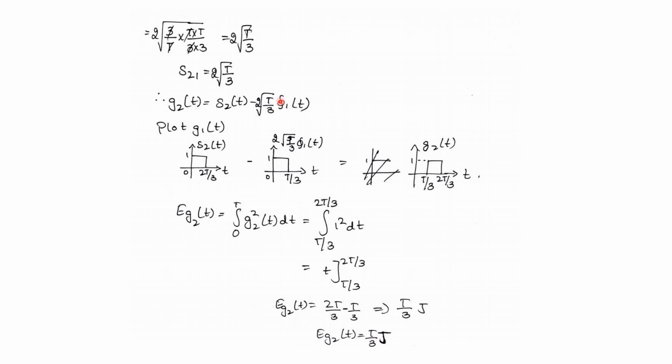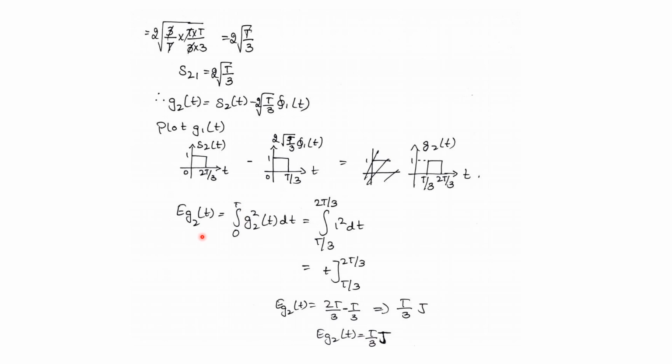Phi 1 of t is already obtained in the previous slide, and the signal s2 of t is given in the question. So the plot of g2 of t is the signal 2 root T by 3 into phi 1 of t subtracted from signal s2 of t, as we did the subtraction over here. This is the g2 of t, as you can see here.